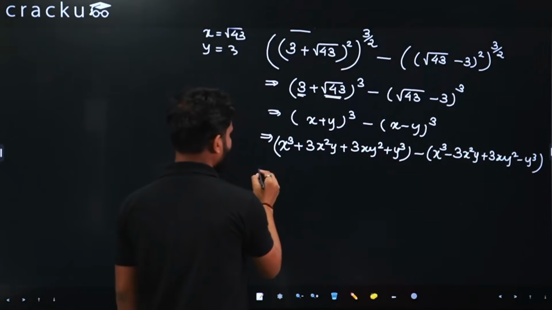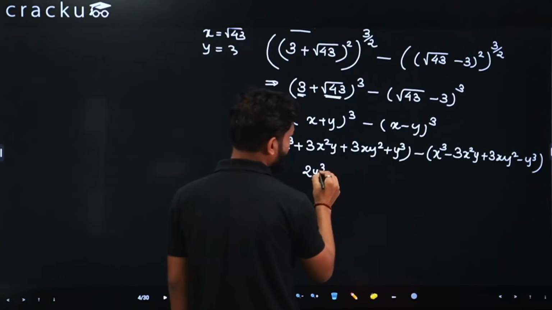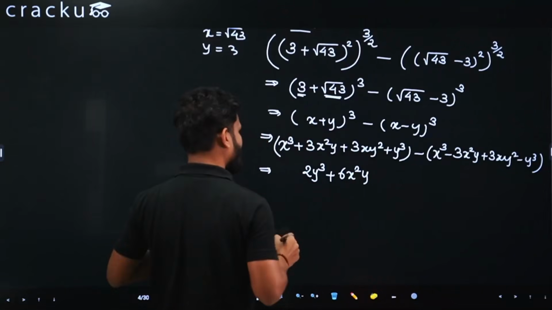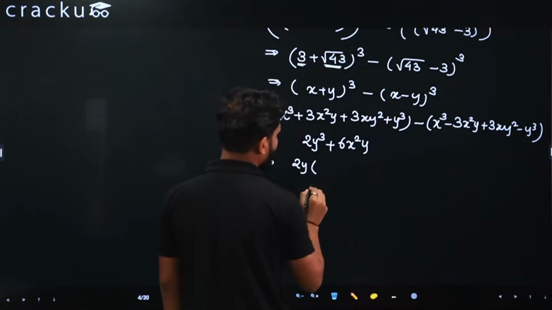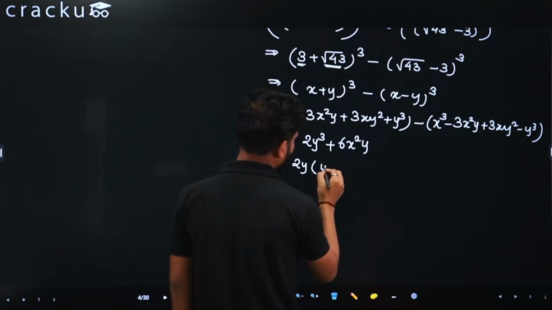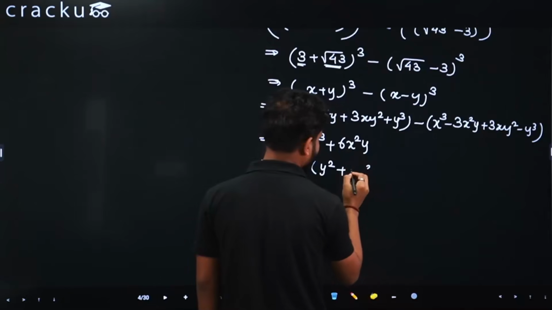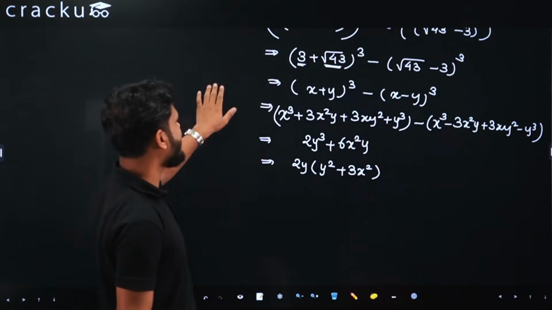Right? What will this give? This will give you 2y cube plus 6x square y. Or from here, if you take 2y common, you will get here y square plus 3x square. Right? Now just put the values of x and y.